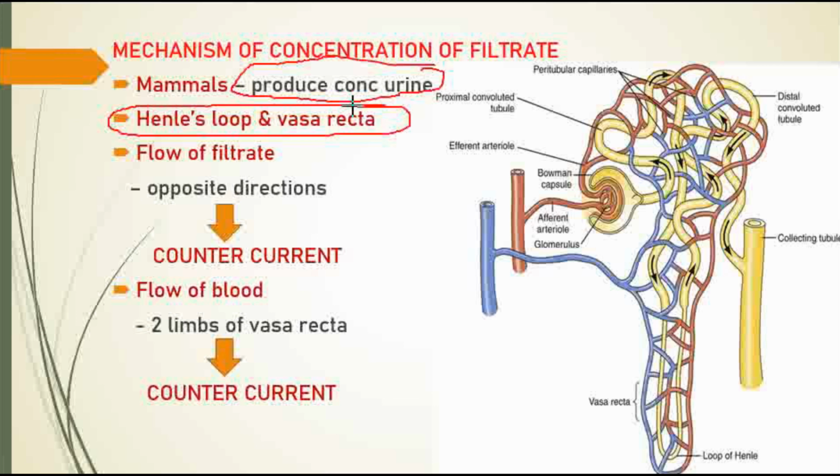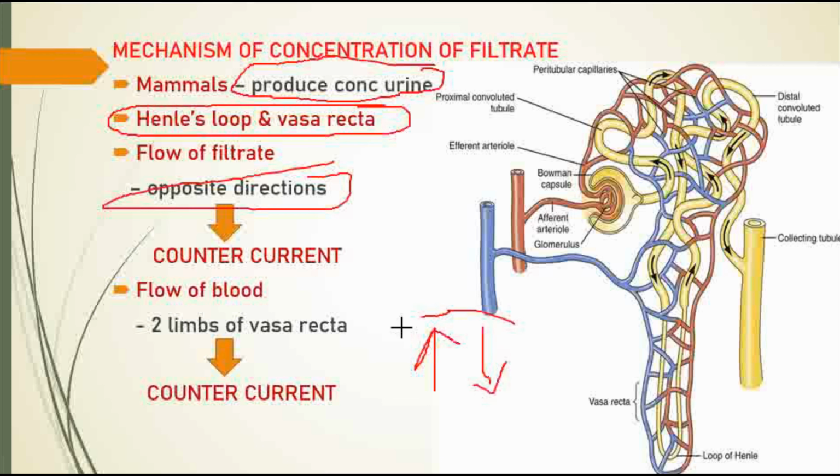If you see the flow of the filtrate in the two structures, Henle's loop and vasa recta, the flow is in the opposite direction. If one tubule moves in this direction, the other is in the opposite direction, as you can see in the picture.